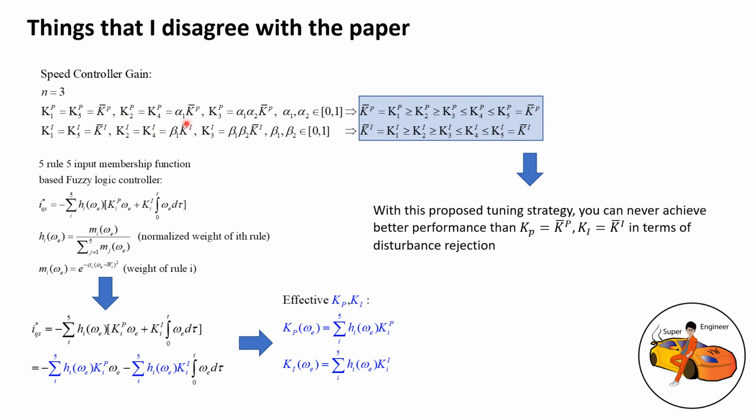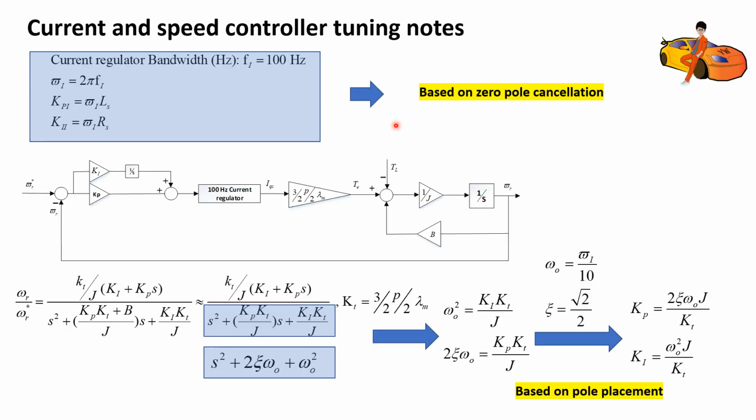Then we can have that alpha 1, which is a parameter between 0 and 1, and then we multiply that and assign it to K2P and K4P, and then we multiply again by another parameter that is between 0 and 1, and this will guarantee that we use that KP from the previous derivation.